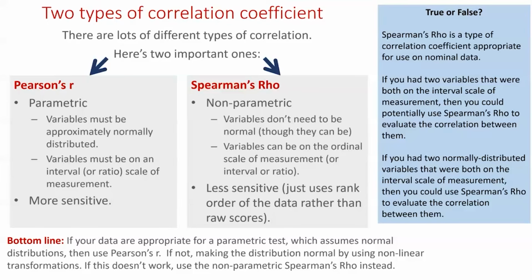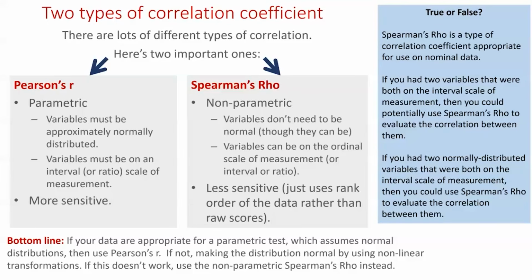Question 2: if you had two variables that were both on the interval scale of measurement, then you could potentially use Spearman's rho to evaluate the correlation between them. That is true. You can use Spearman's rho to look at any correlation that you would have used Pearson's R for. It's just not quite as sensitive. So that's why we want to use Pearson's R if we can.